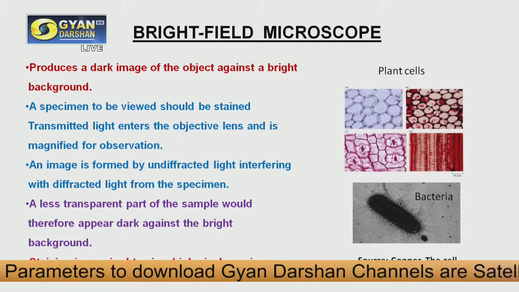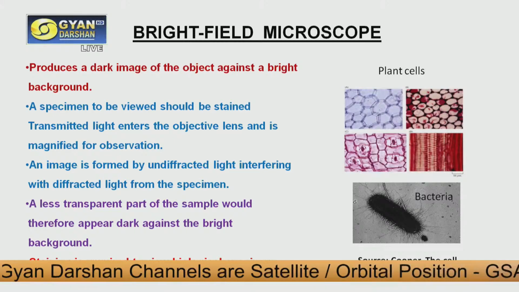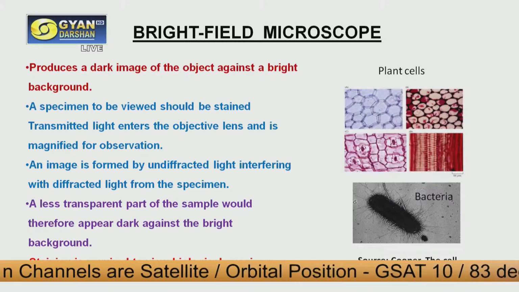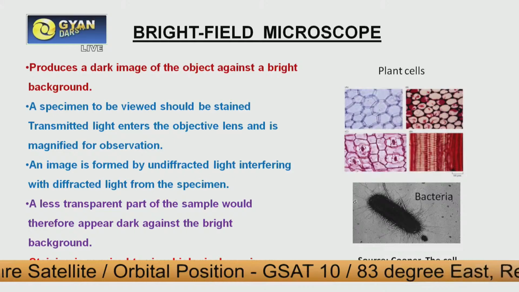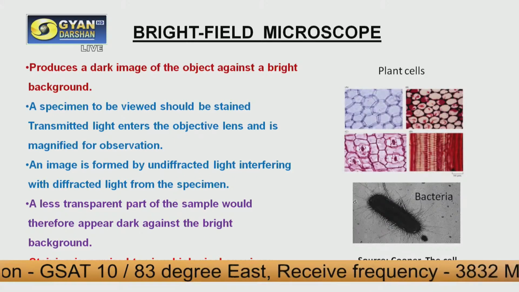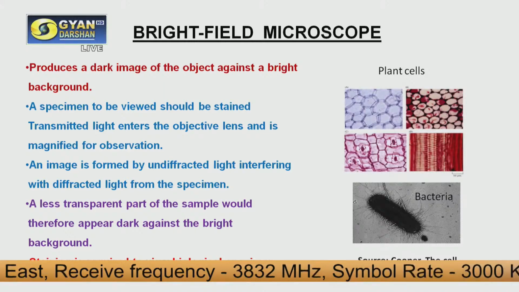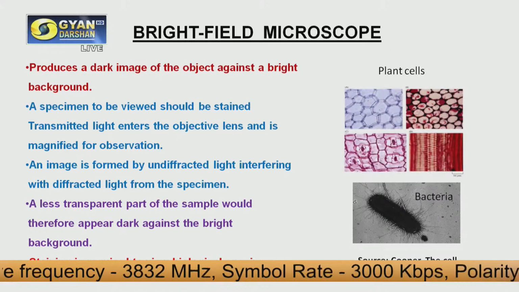When the light passes from the light source, it is focused on the condenser lens, and the condenser lens again focuses this transmitted light onto the specimen. The specimen interacts with the light, which then goes to the objective lens. The objective lens captures the light and passes it to the eyepiece.